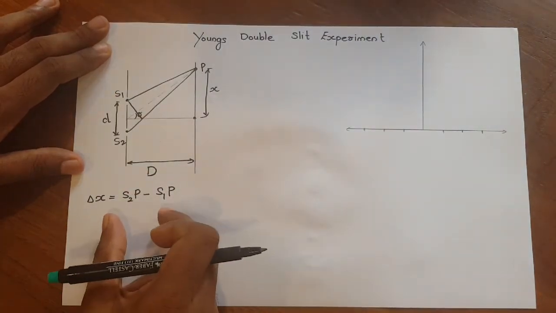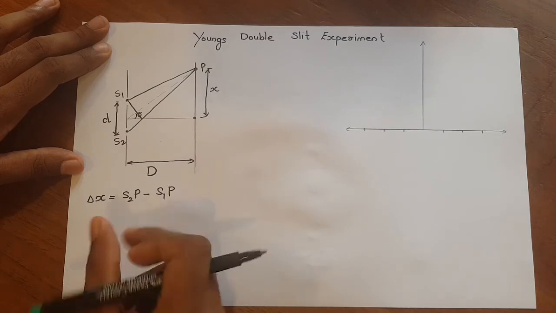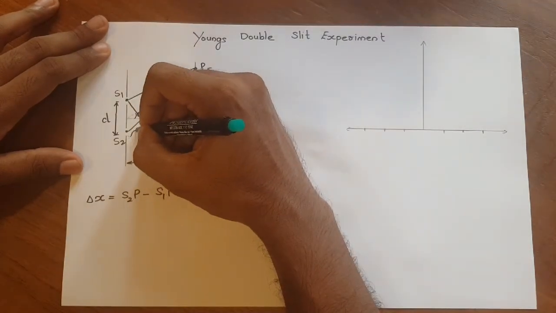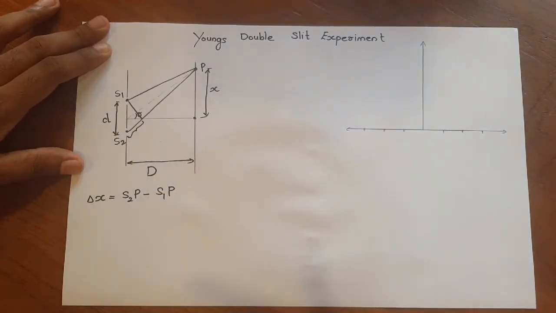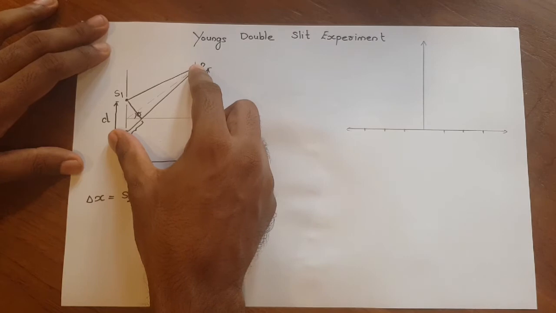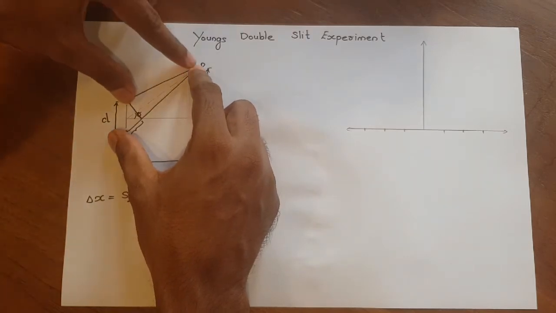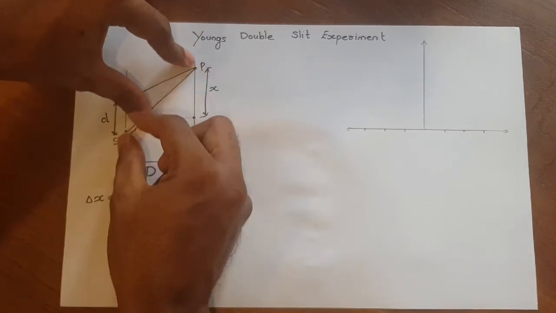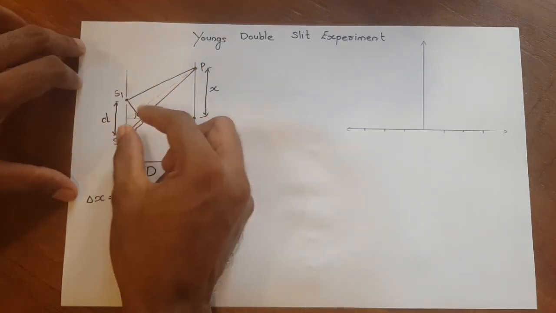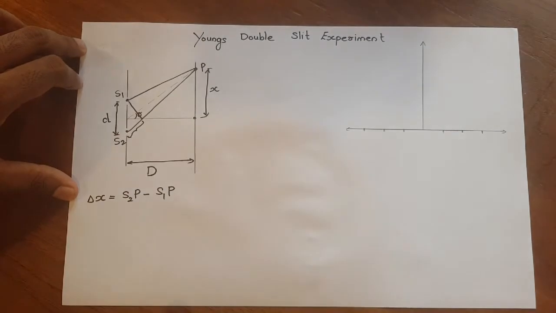So when we work out this path difference, the excess path traveled by the second wave will be this part. This is the path traveled by the second wave, this is the path traveled by the first wave. So the path traveled by the second wave minus the first will be this short path. This is actually the value of our delta x.